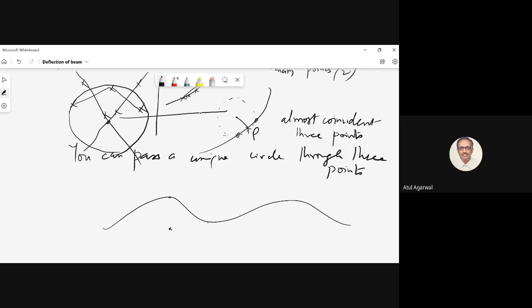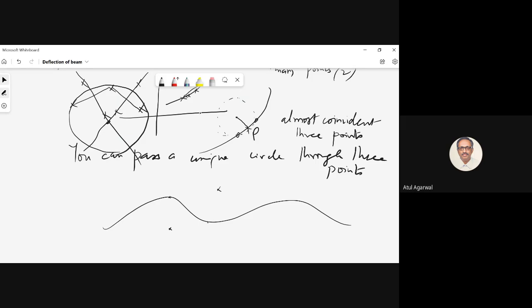Here your center of curvature will lie on this side. So your radius of curvature keeps changing. It's not constant. Do you know any curve whose radius of curvature is a constant? Yes. Circle has a constant radius of curvature at every point. Okay.